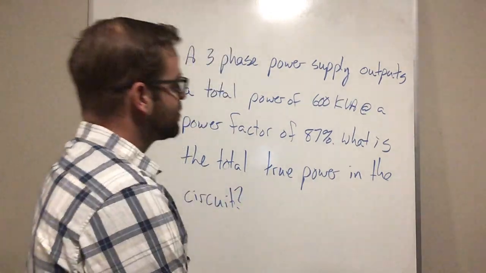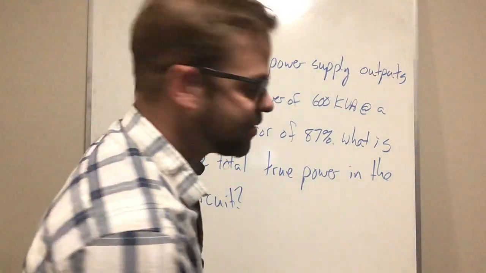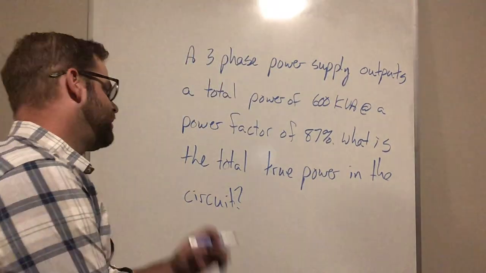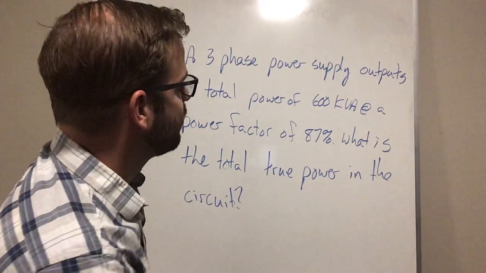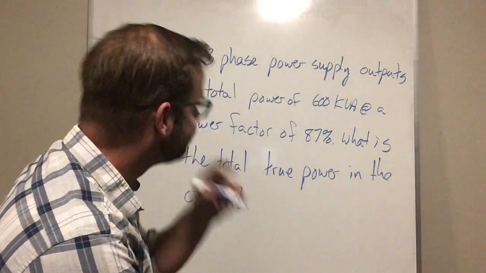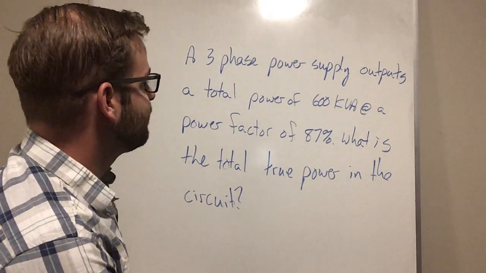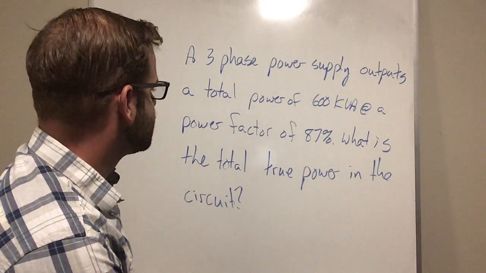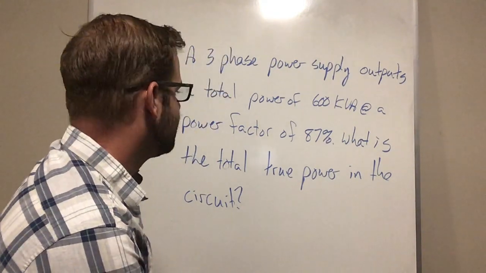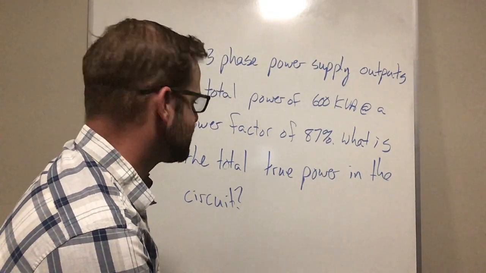Alright, so here's a different spin. These questions can go a little faster, but it gets you to use your brain in a slightly different way rather than just pounding out the whole long question. I've got a three-phase power supply that outputs a total power of 600 kVA at a power factor of 87%.